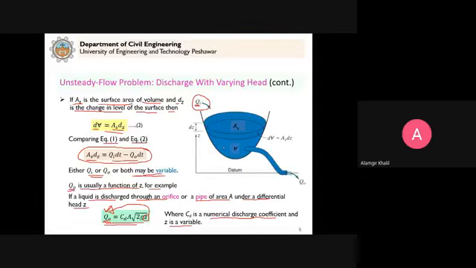Whatever the value, 10 cubic meters per second, 1 cubic meter per second, it is coming with a constant value. So as per our textbook, the problems that we are going to solve, Qi will be either 0 or have a constant value.